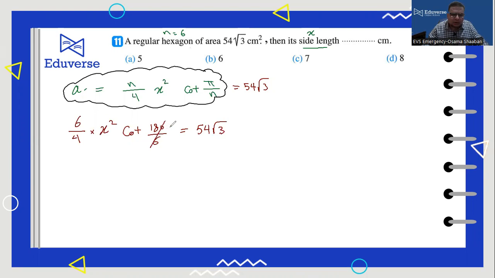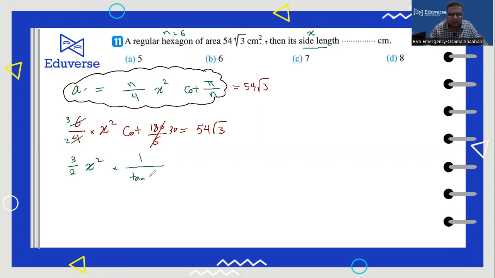And you know this is 30, so you have cotangent 30. So x power 2 multiplied by 6 over 4 times cotangent. So 6 and 4 you can simplify, divide by 2, this will be 3 and this will be 2. So 3 over 2, x power 2, multiplied by cotangent, that means 1 over tan of 30. Tan 30.